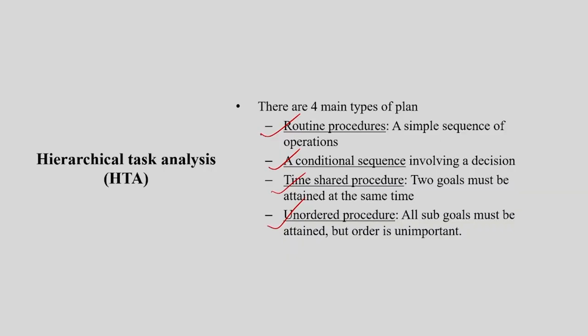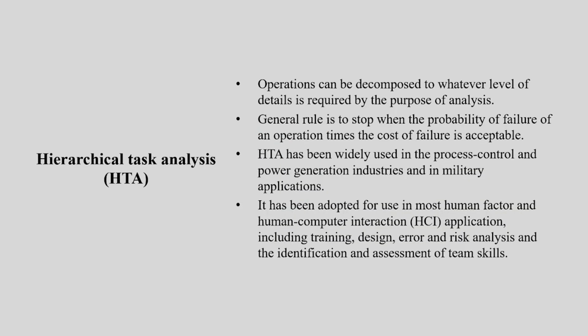However, I am not really interested to know which is first, component 1, 2 or 3. So, there is no order. Okay. So, that is the unordered procedure. So, these are the 4 main types that we can have in the plan section.